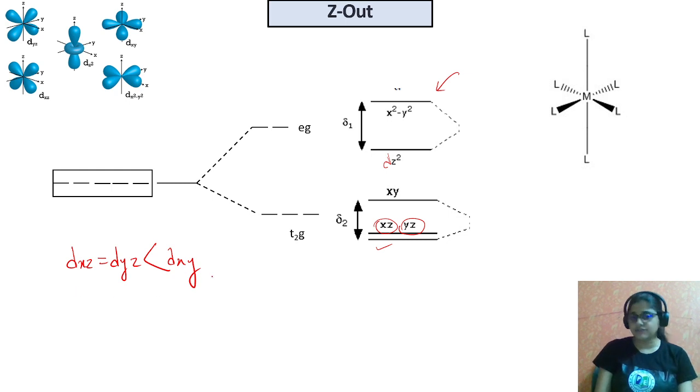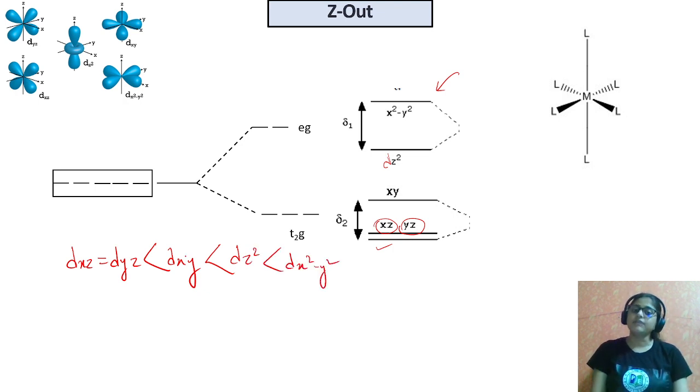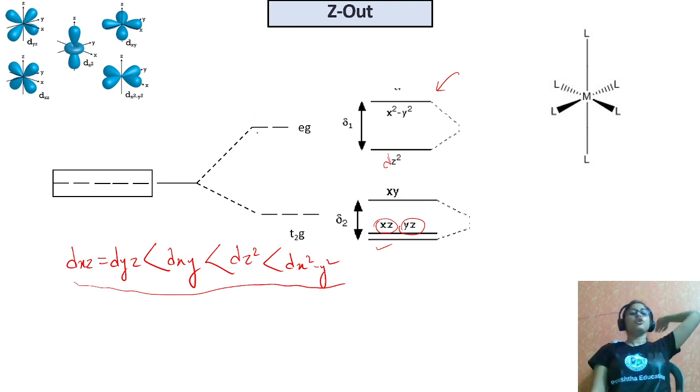These three are T2G, which split, and then dz square, then dx square minus y square. Sometimes in the question, this kind of energy order can be asked: in the case of Z elongated or Z out distortion, what will be the energy order of the d orbitals?